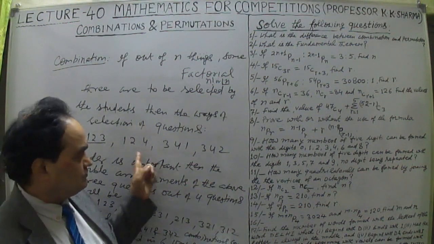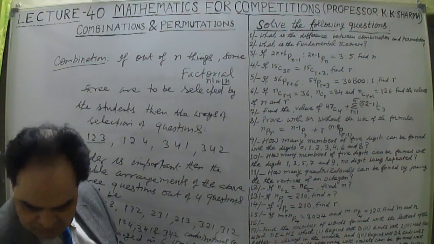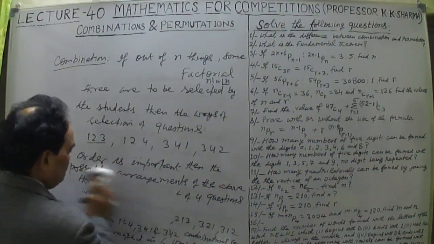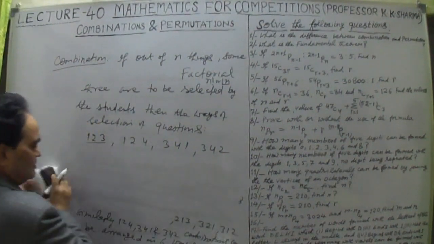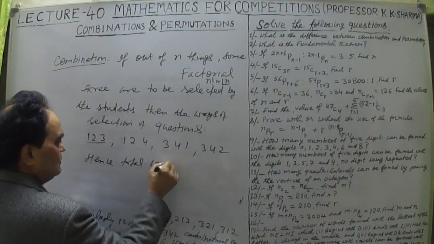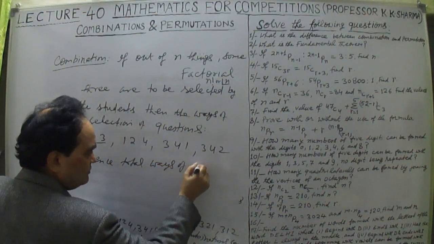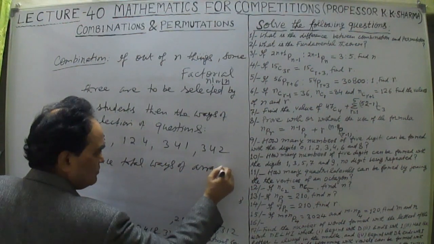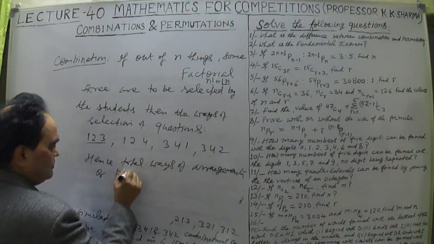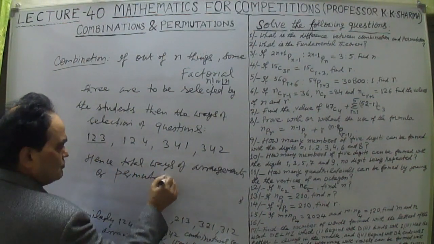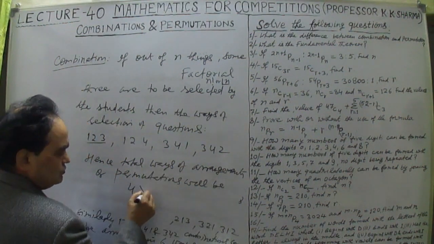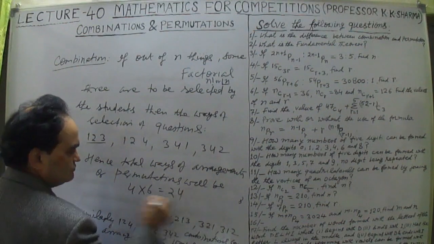What does it mean? It means there are 4 into 6, 24 ways of arrangement. Now irrespective of order in this case, the total ways of arrangements, or permutations, will be this 4 into 6, that means 24.